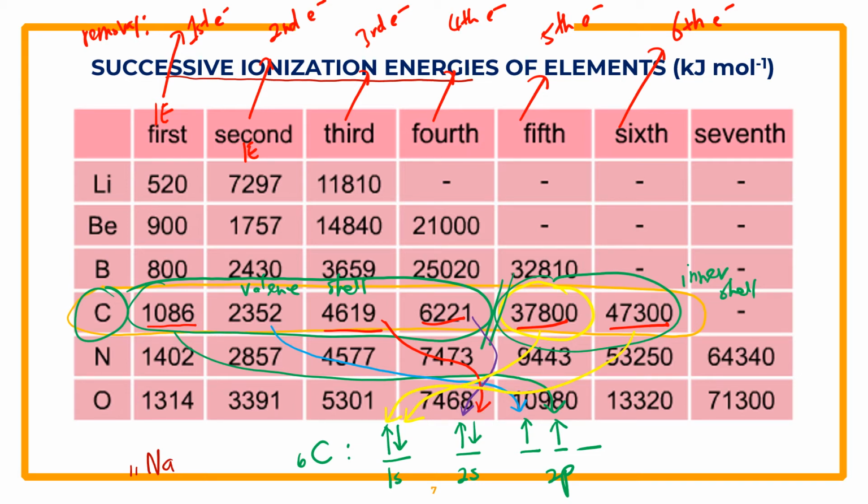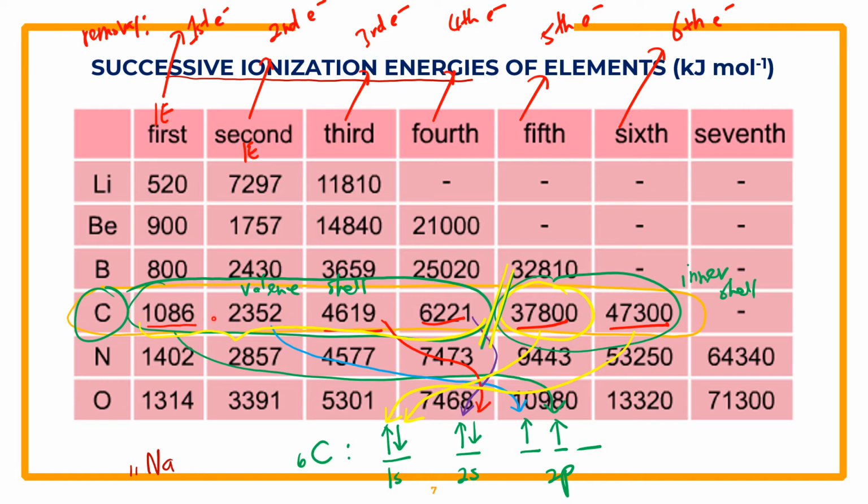Okay, so now bila awak dah tahu boundary antara valence dan juga inner shell, maka ini dah pun membantu awak untuk nak identify berapa banyak valence electron. So di sini kita ada, in valence shell kita ada sebanyak 4 valence electron di sini.